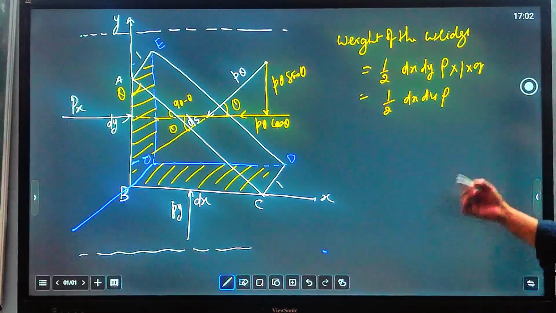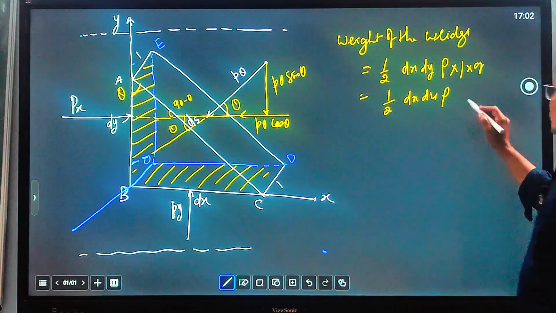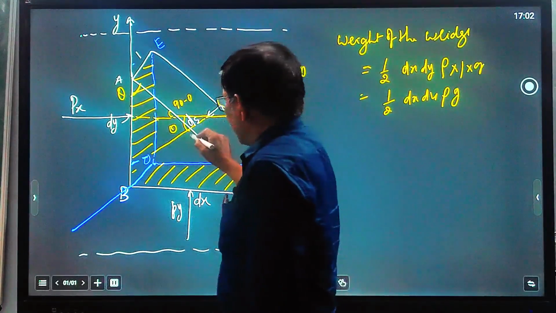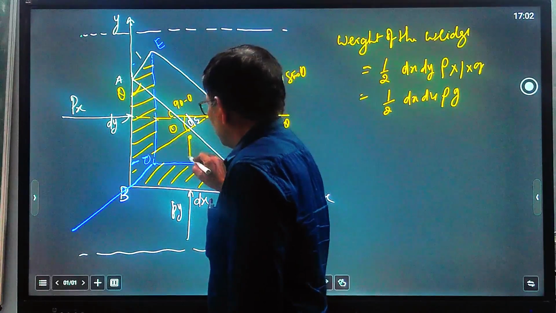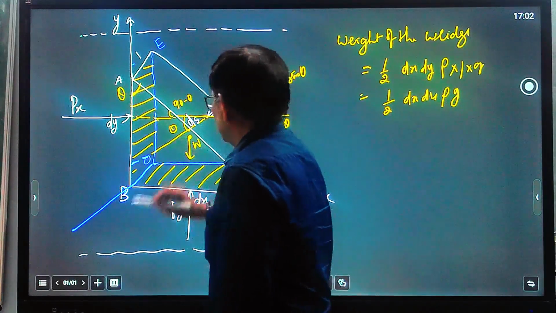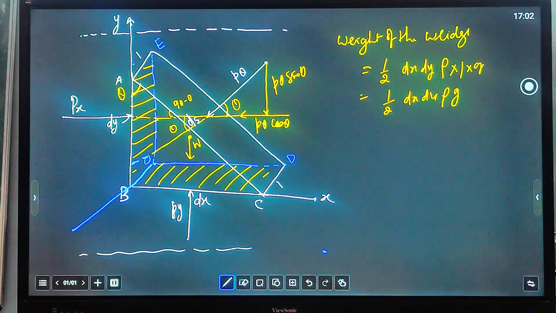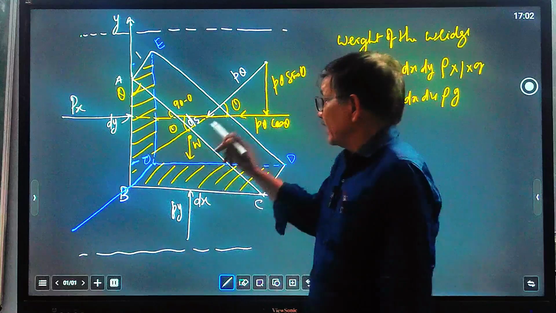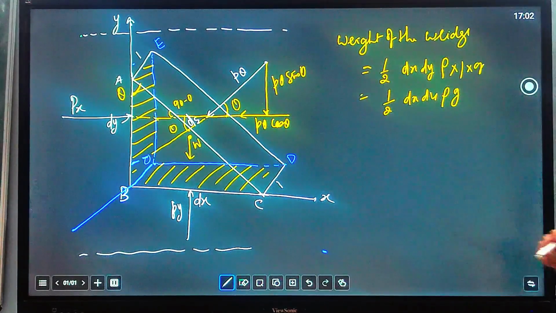Suppose it is water, it may be any fluid, so rho g, and it will act vertically downward, suppose at this point. This is the weight of the fluid in the wedge, because it is inside the fluid, acting downward. We will consider it while resolving forces.